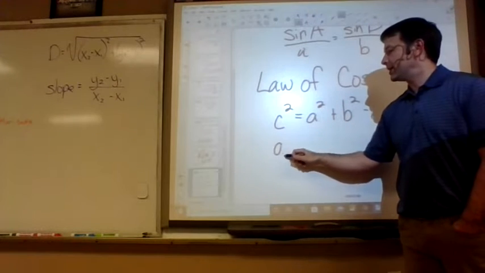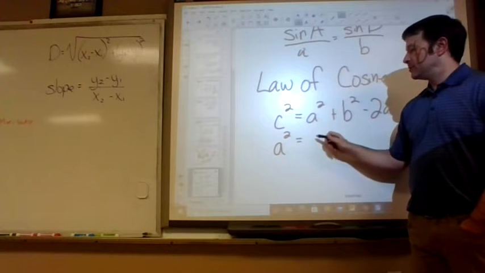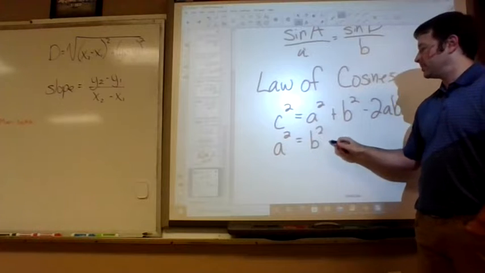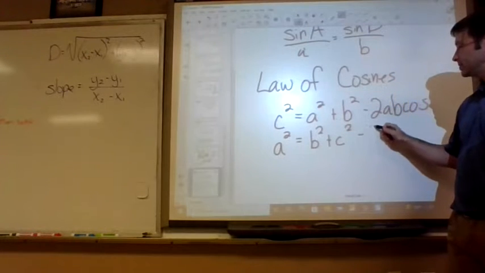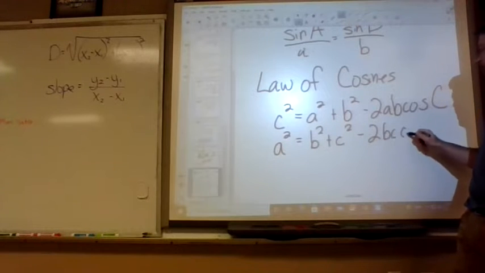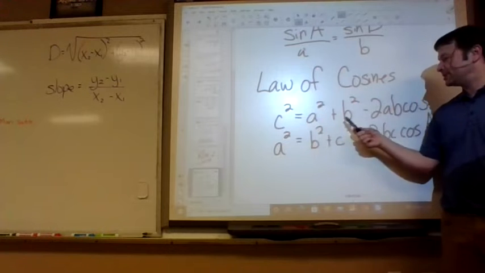Depending on what letters they use, it could be a squared equals b squared plus c squared minus 2bc cosine of A. Basically, I switched the a's and the c's.